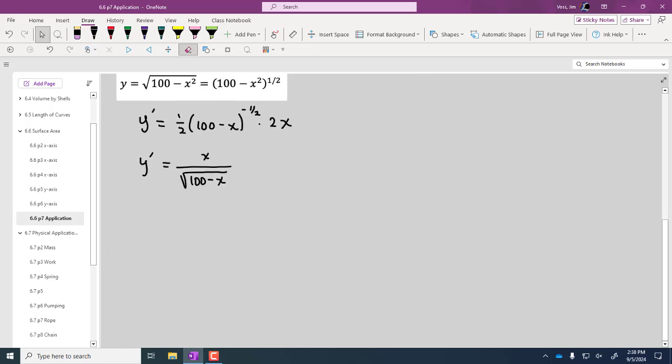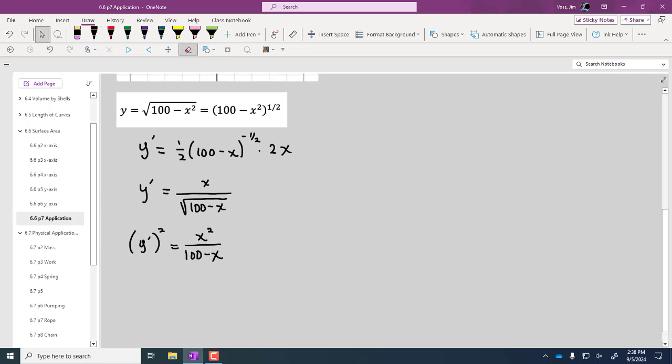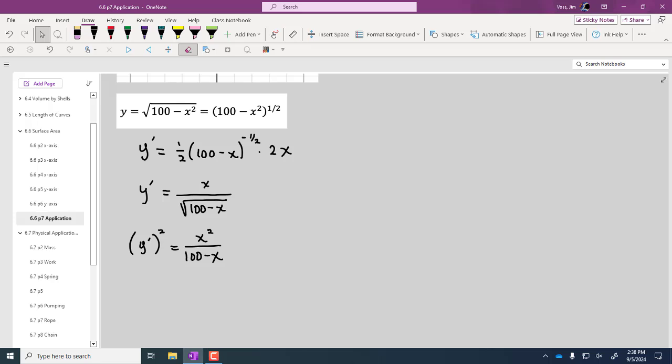And we know that for this whole arc length formula business, we need y prime squared. So y prime squared is going to look like this. Wouldn't we keep the square from inside the parentheses? Like, I'm thinking product rule for our derivative. So half comes down. Oh, where's that square?